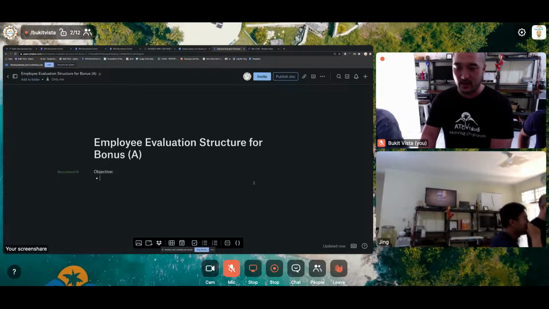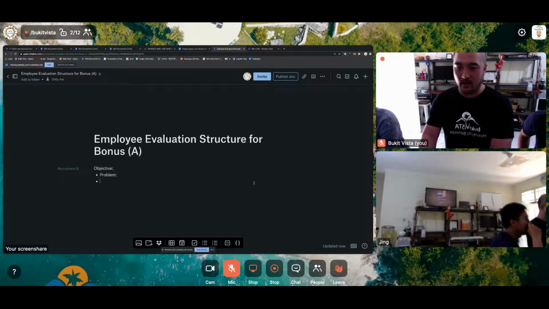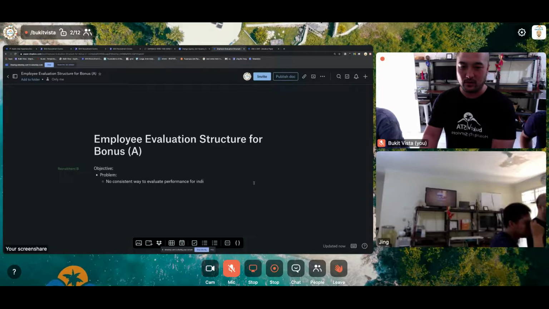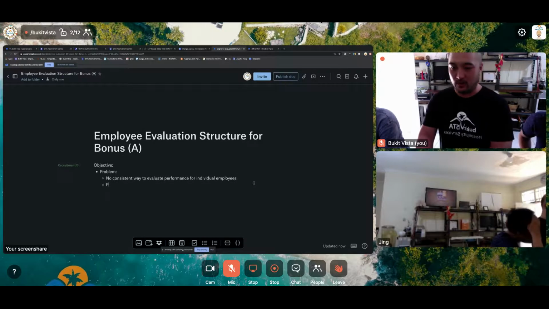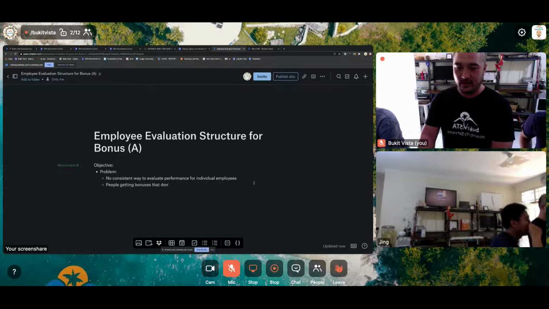Objective. Okay. What is the problem right now? There is no consistent way to evaluate performance for individual employees. Okay. Another problem is people getting bonuses that don't pass probation or promotions.